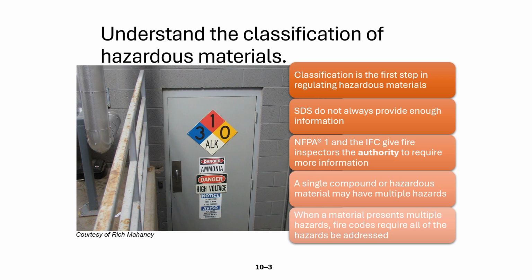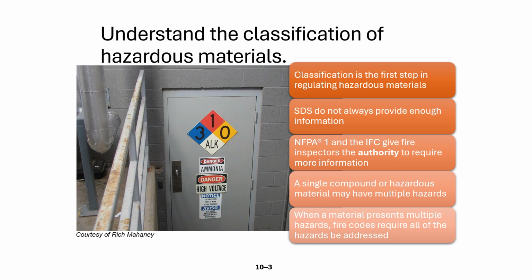A single compound or hazardous material could have multiple hazards. For example, anhydrous chlorine is used to treat water and manufacture semiconductors and certain plastics, and has other compounds that have this type of material in it. Anhydrous chlorine is an oxidizer.